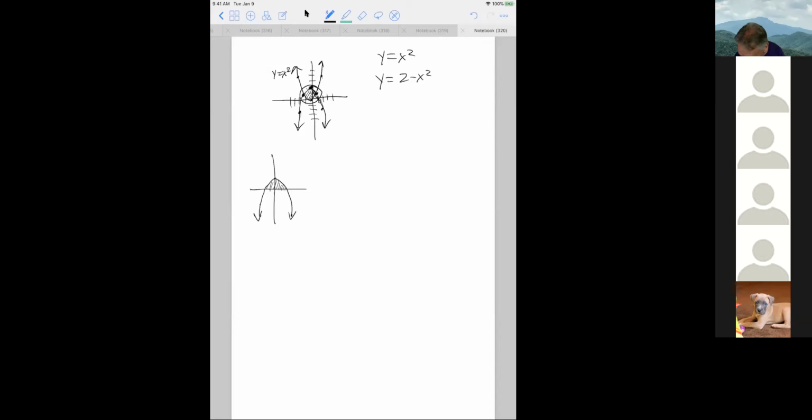Now, if I draw the other one, when I take the antiderivative of this one, I'm getting the area between -1 and 1 under here. So that takes away the space that's not in the area we're concerned about.